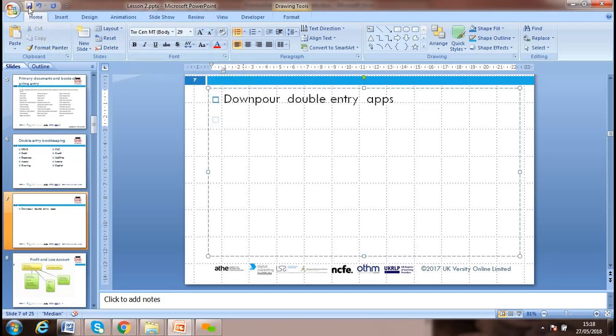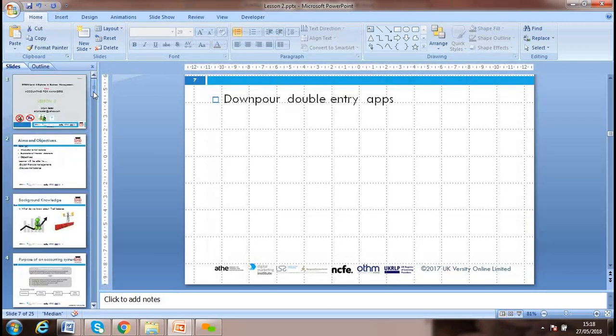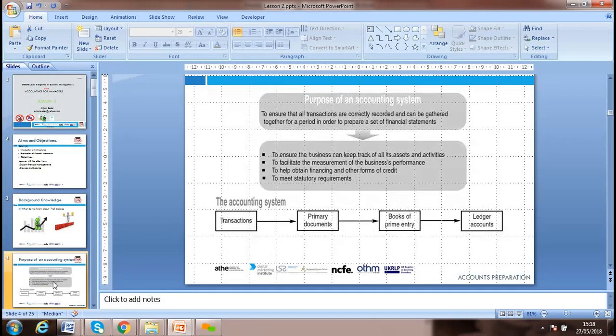Okay, now LO2 is all about preparing the accounts. First we're looking at the entries. The purpose of an accounting system is to ensure that all transactions are correctly recorded and can be gathered for the period in order to prepare a set of financial statements.